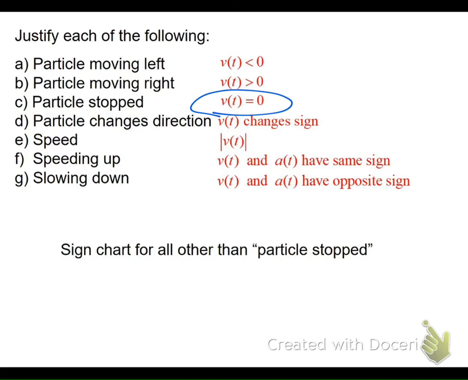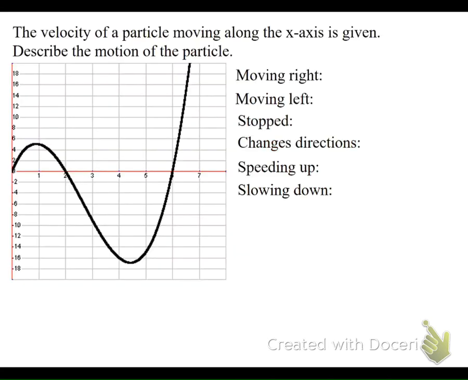Now let's just sort of do an easy visual review. Okay, if this is the velocity that's given in this graph, then describe the motion of the particle on the x-axis, if this is velocity. So the first one, moving to the right, would be velocity positive.